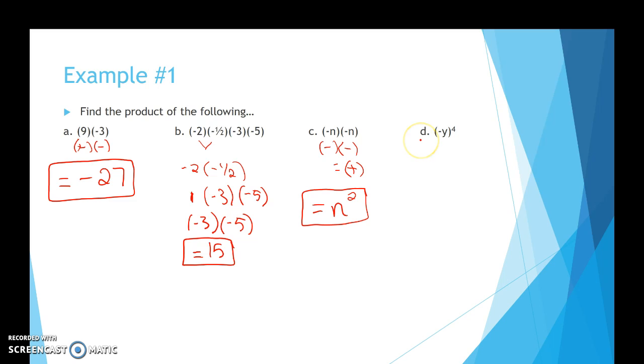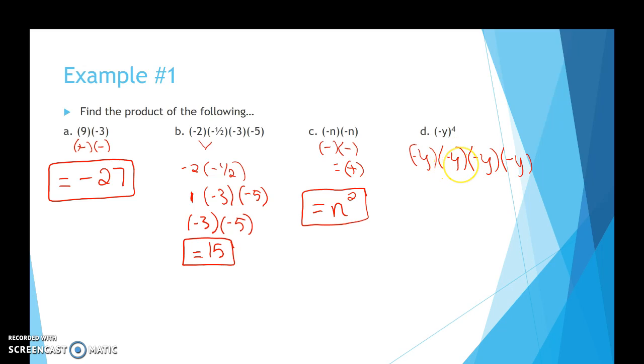For D, now we have negative y to the 4th. What that means is negative y times negative y times negative y times negative y. If we take negative y times negative y, that gives me a positive y squared.